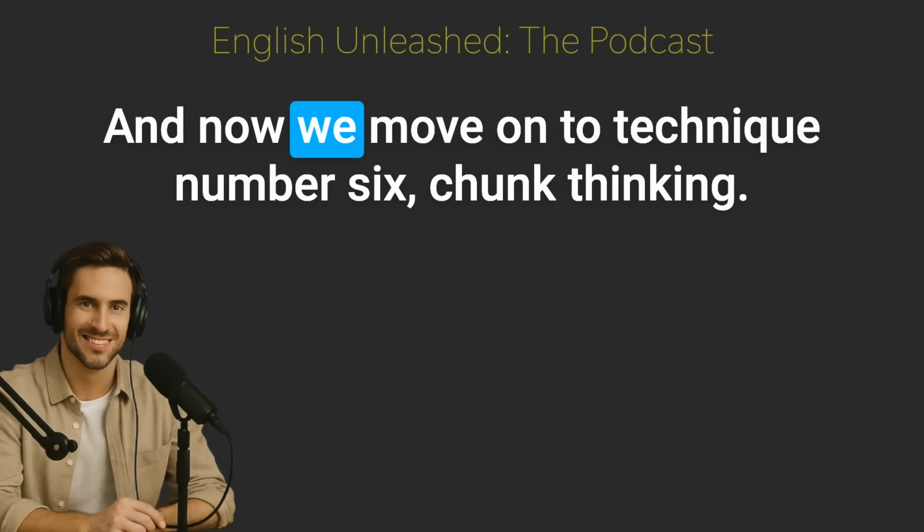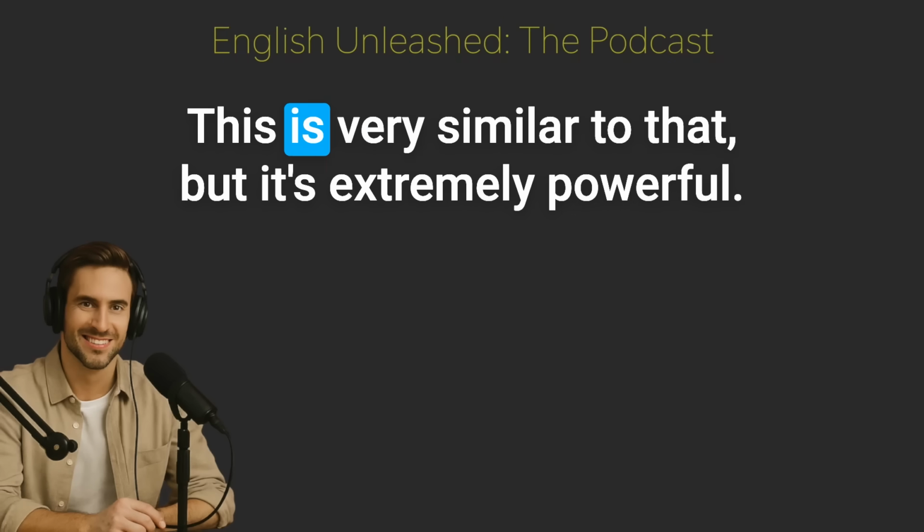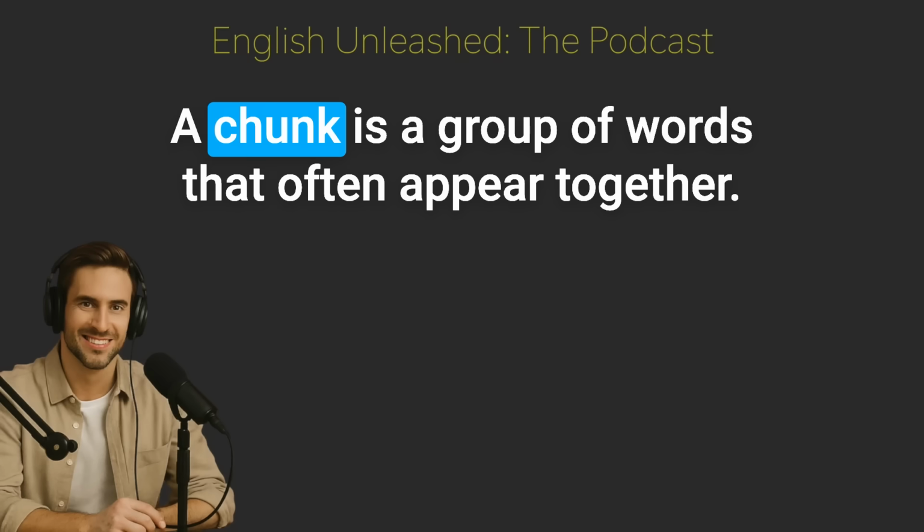And now we move on to technique number 6, chunk thinking. In previous episodes, I have talked about the chunking method. This is very similar to that, but it's extremely powerful. A chunk is a group of words that often appear together.